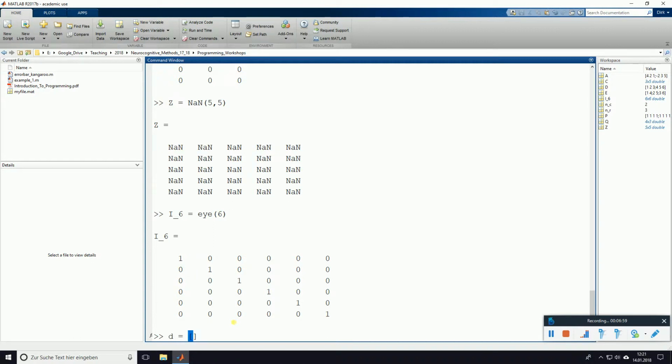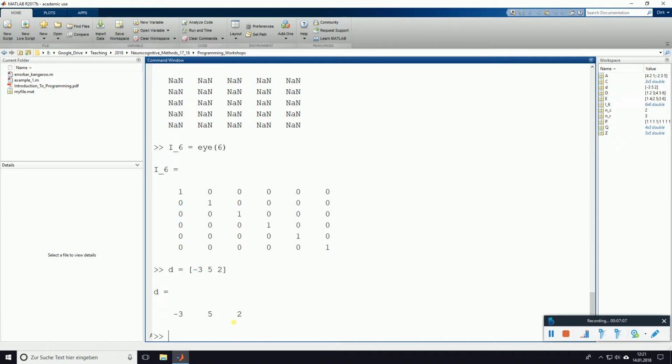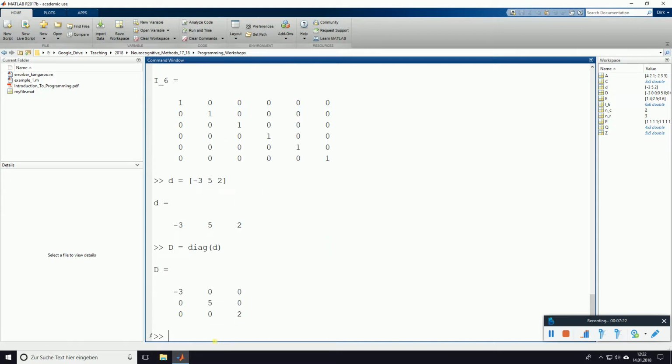So here we specify a vector, and using this vector we can create a diagonal matrix by putting the vector into the diag command, which then generates a diagonal matrix with this vector on the main diagonal. So it will be a square matrix, and it has -3, 5, and 2 on the diagonal.